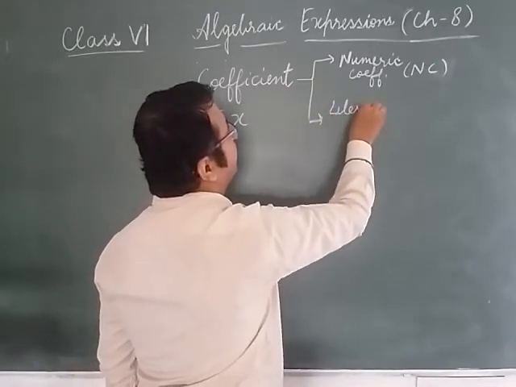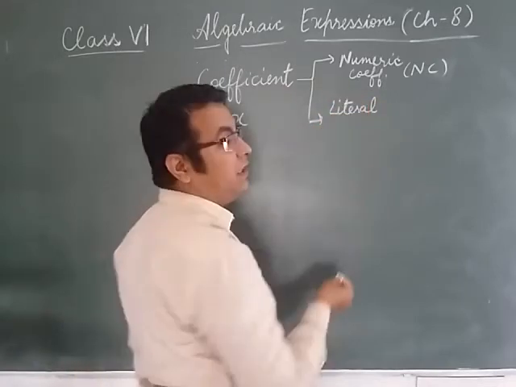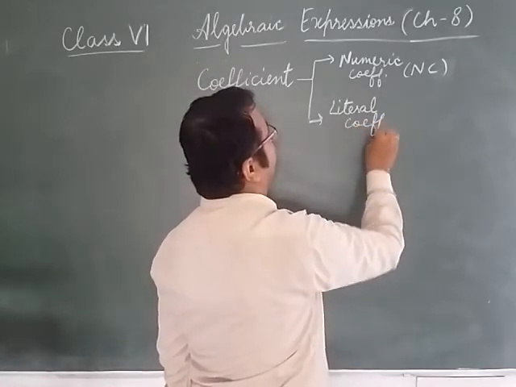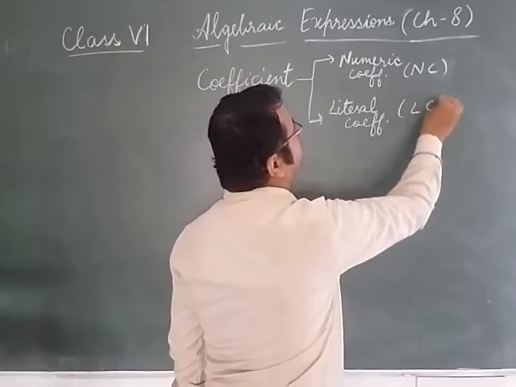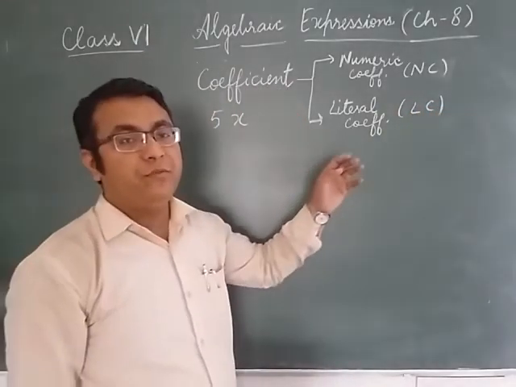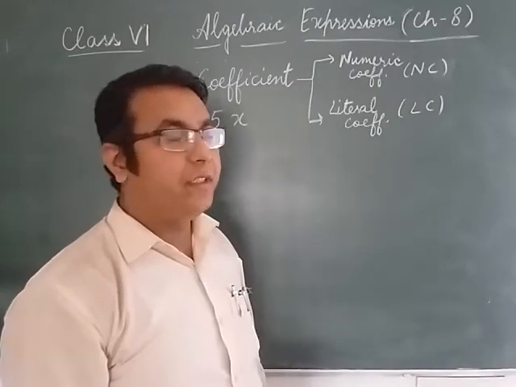Literal is made from the word letter, meaning alphabets or letters. Literal coefficient is also known as LC. So every term or expression has two types of coefficients, numeric coefficient and literal coefficient.